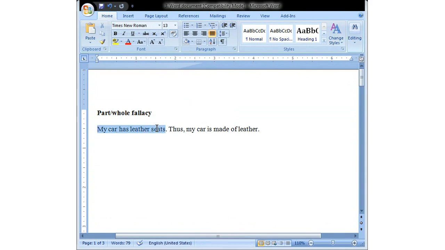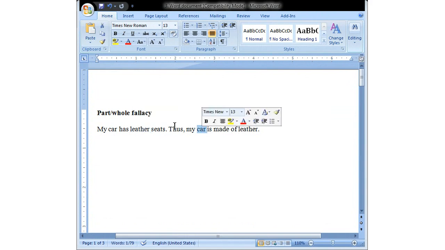This could be true. My car has leather seats. That's the premise. The conclusion is my car is made of leather. No. Why? Well, not because we're checking against the solution sheets, which is the car in the driveway, but because you can't infer it from this premise. Certainly, if you did that, you'd be confusing the part and the whole. You'd be taking a property of the part, which is that it is made of leather, and saying that that's true of the whole.